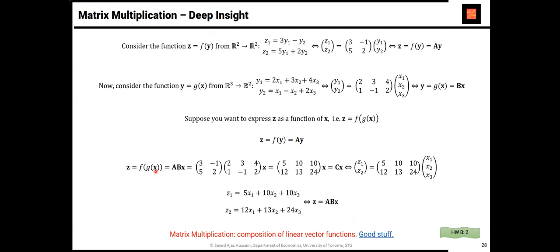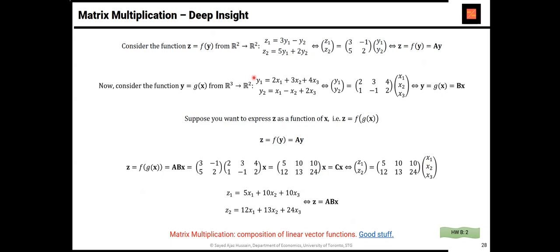But now you know that y is in fact equal to Bx. Stick Bx in, and now you notice that voila, you have the matrix A times the matrix B times the matrix X. And when I multiply these two out, it gives me a matrix C, which if I expand this out, allows me to write the Z's in terms of the X's.